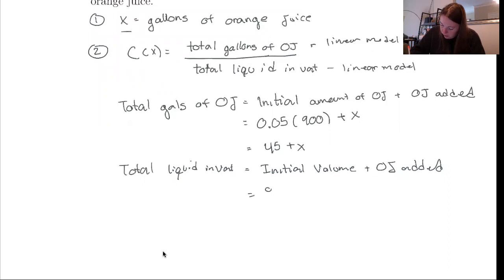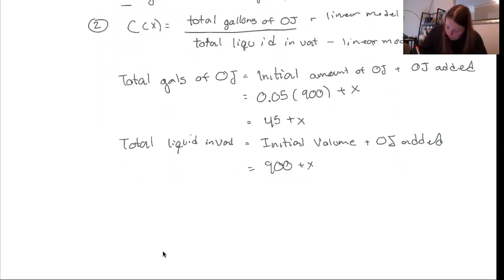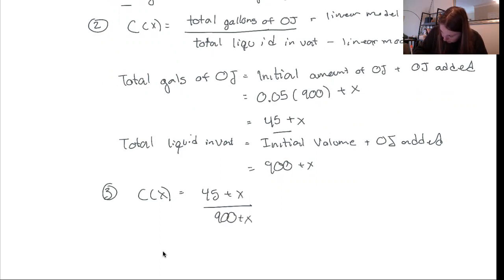So I start with 900 plus X. So now I'm going to put them together into my concentration, and it's going to be 45 plus x divided by 900 plus x, excuse me, right? And that's from this top bit up here. Total gallons of orange juice divided by total liquids in the vat. Okay, so great, I did it. We did it.